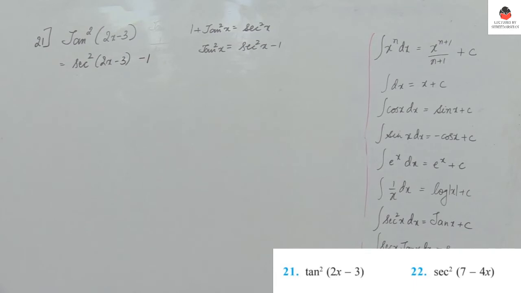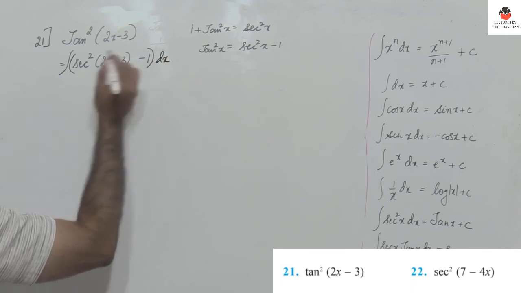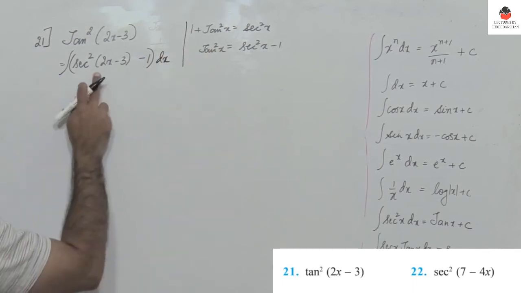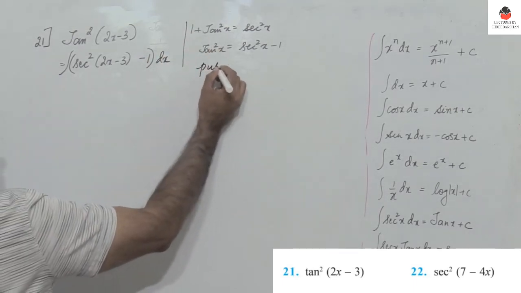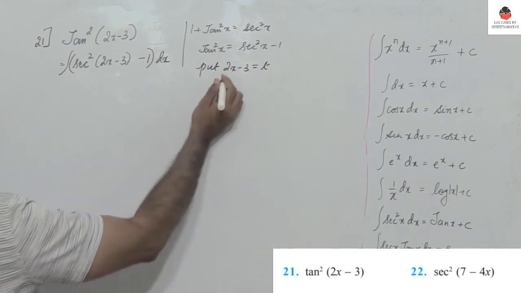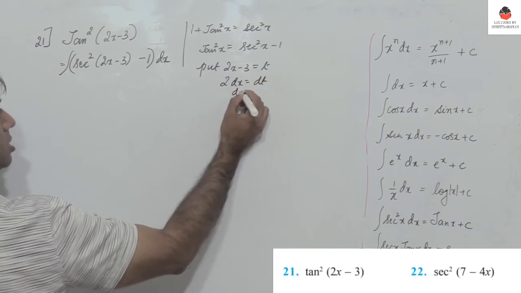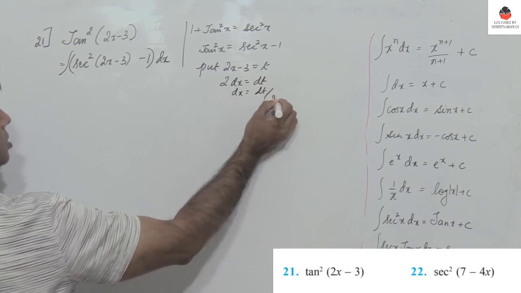Right? So now I have to integrate this with respect to x. So what is the substitution? Put 2x minus 3 equals t. Alright, so here 2 dx is equal to dt, or dx is equal to dt by 2.